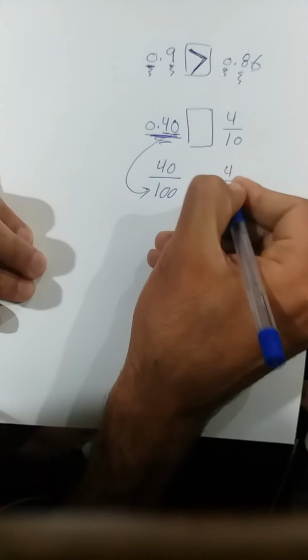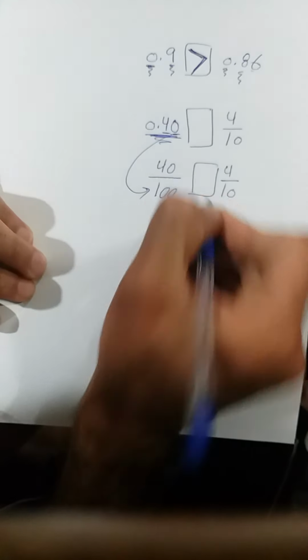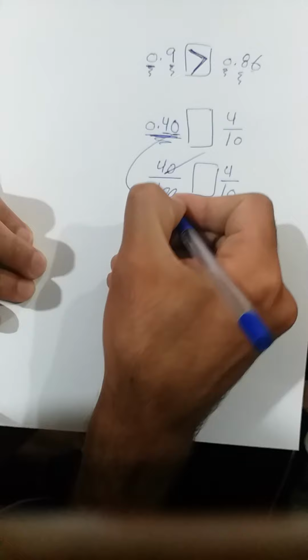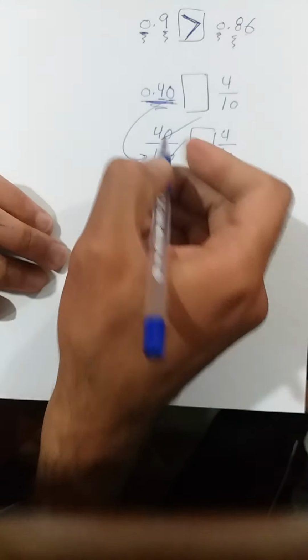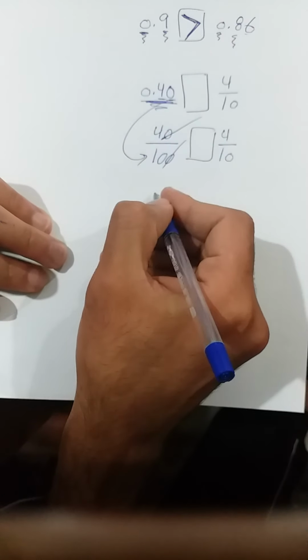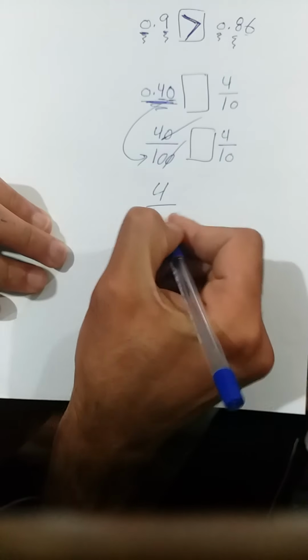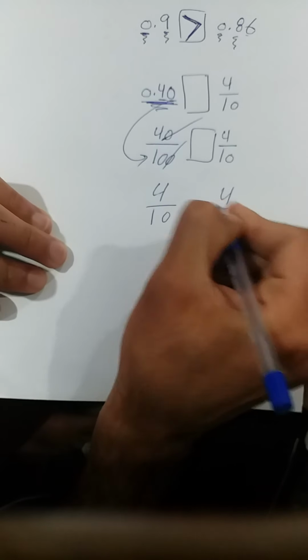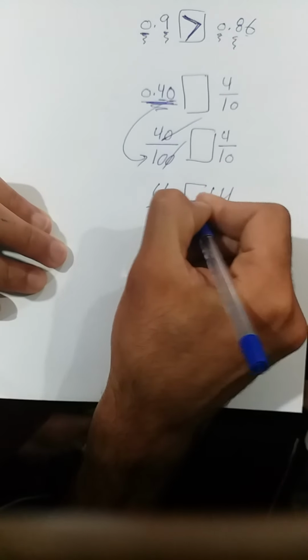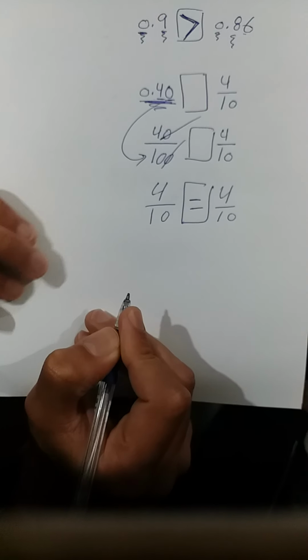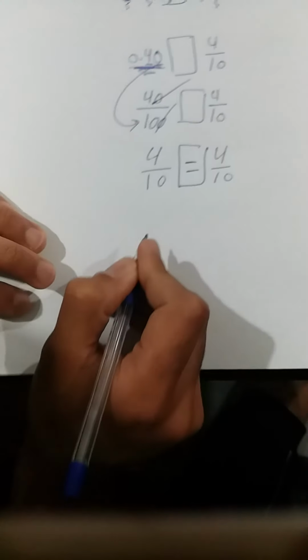And this is 4 over 10. 0 goes with 0, right? Erase it with the 0. Then I will have 4 over 10, 4 over 10. And the sign should be equal. Okay? And this is number 2.